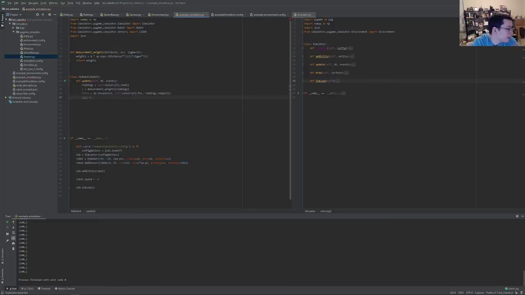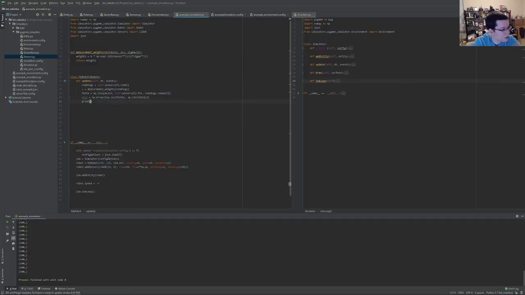We're going to create one called vex, vectors, and that's going to be equal to np.array of np.cos(theta), np.sin(theta).